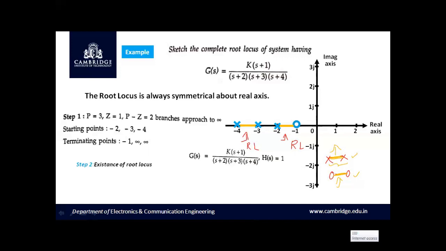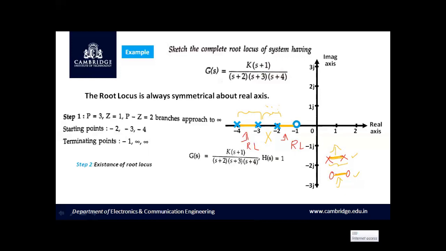In this case, we could see adjacently placed poles at -4, -3 and -3, -2. Out of these two cases, -3, -2 is not in the region of root locus. Therefore, I cannot take this into consideration. Only possibility is within the region -4 to -3.